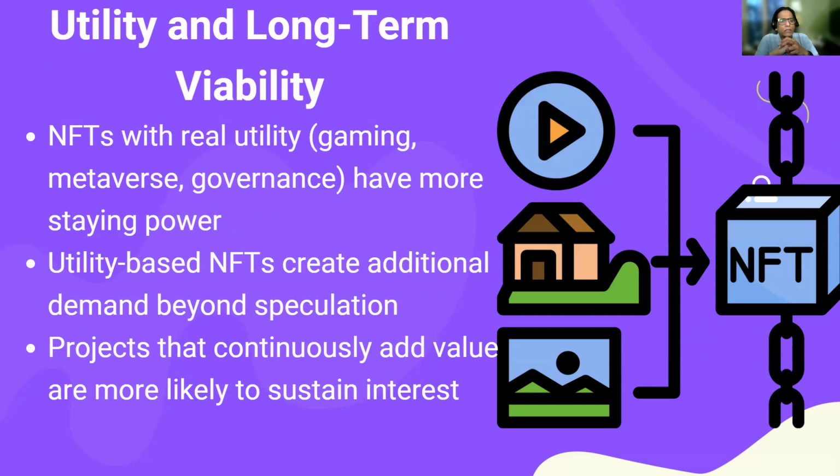Utility and long-term viability. Also understand how the NFTs are being used by the community. There are several different types of NFTs. For example, a musician can create an NFT token system for their fan base.